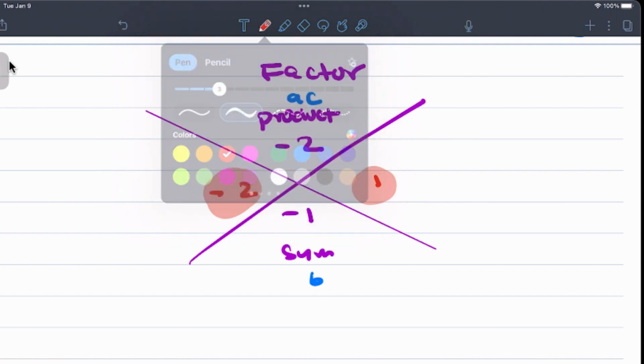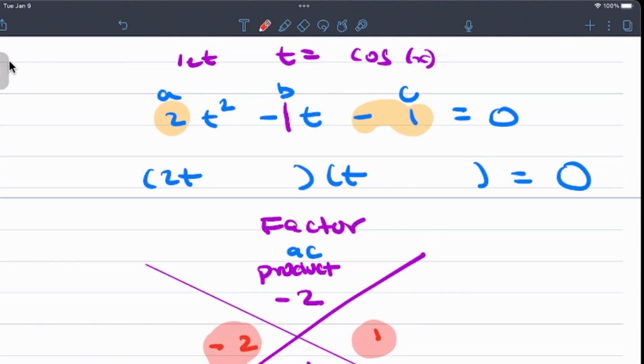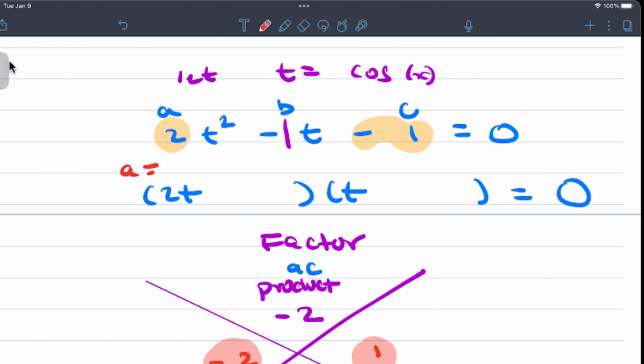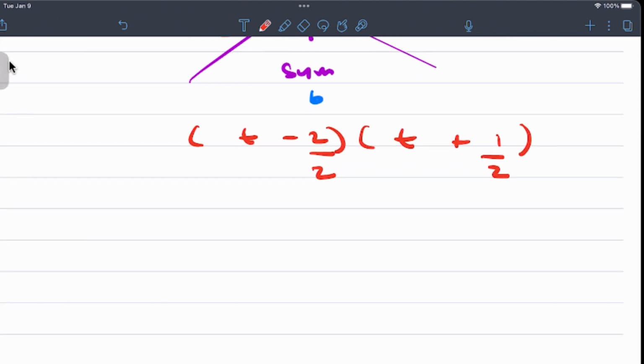So you might say, oh, what do I do? We take this t, we put -2, you take the t, you put +1 here, but this A value here is not 1, so you divide both of these numbers by 2. This is the crisscross method. The first one is a nice answer, that's t minus 1.